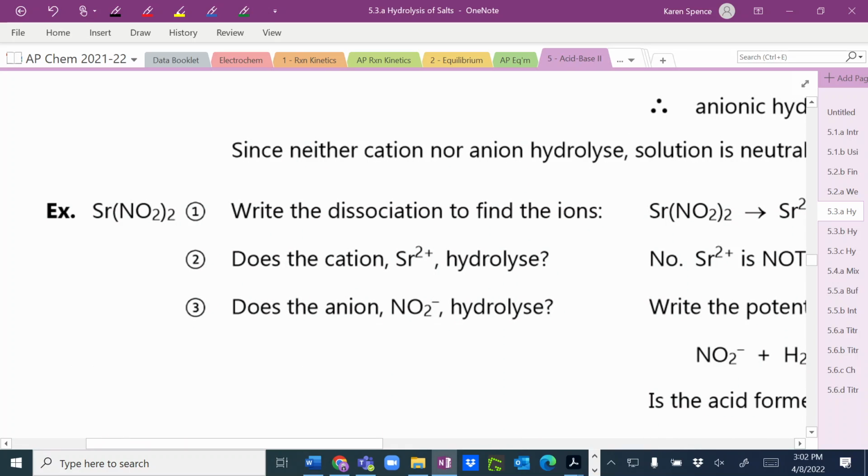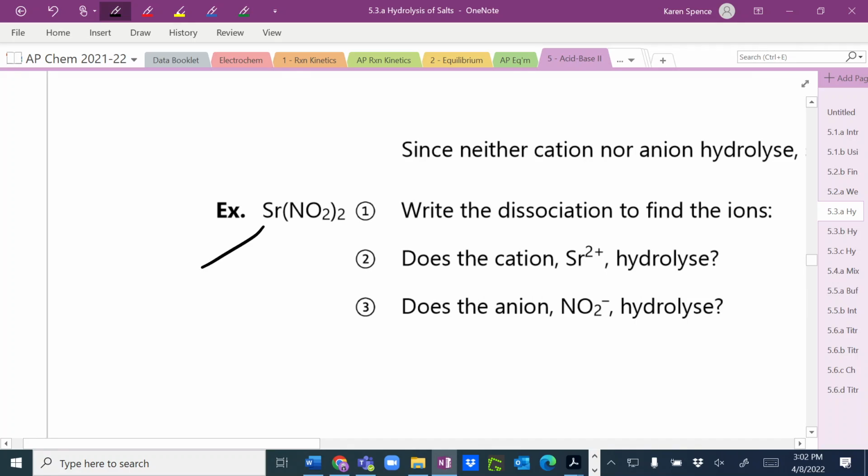SrNO2. Sr2+? No. NO2-? Who's our acid? HNO2.